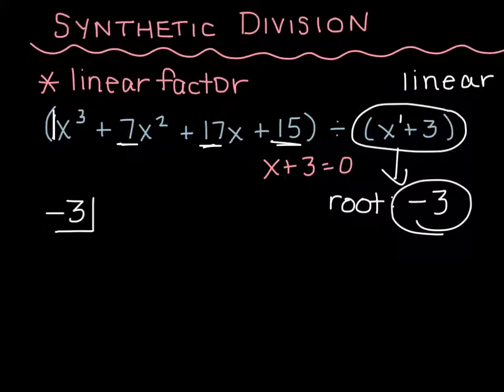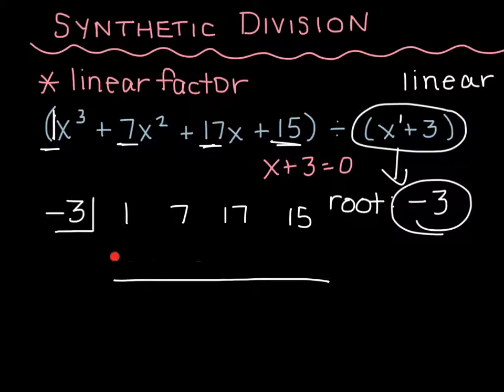So I'm going to take those 4 numbers, 1, 7, 17, and 15, and line them up here. If any of those were minuses, I would need to make sure I put negative numbers in. I'm going to leave myself about a line of space and then draw this line.